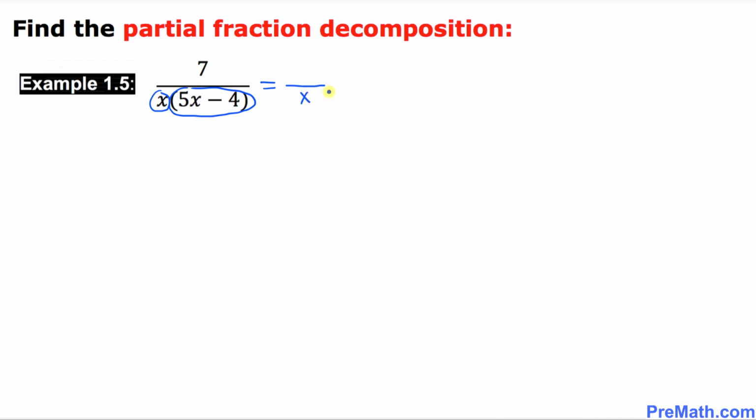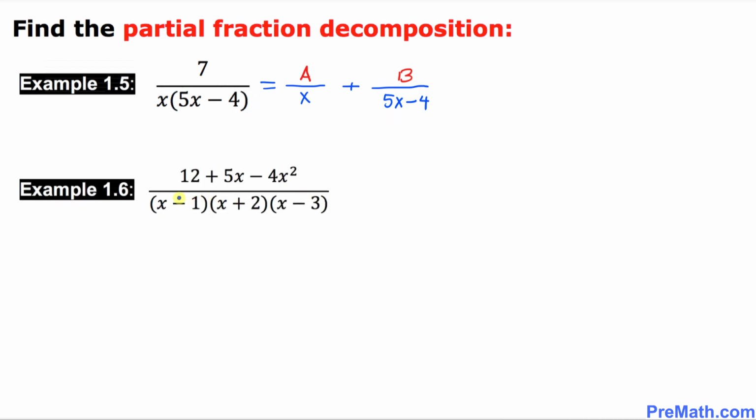The first denominator is going to be x, and the second is going to be 5x minus 4, and on the top it is going to be a for the first fraction and b for the second one. And that is our complete partial fraction decomposition. And once again I will show you how to find the a and b values later on.